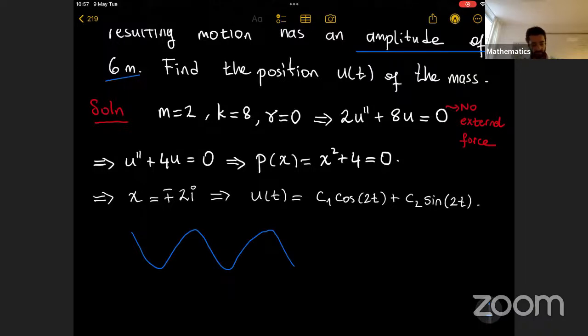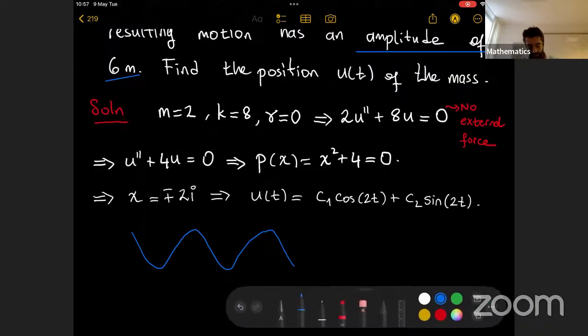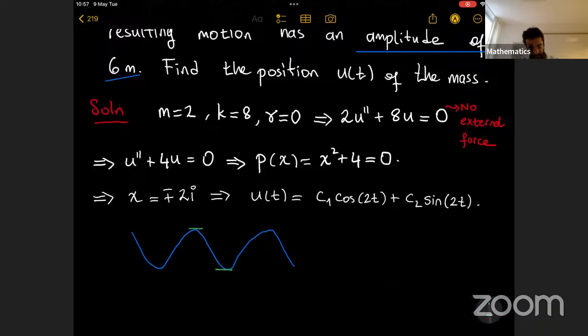So basically, the amplitude is the distance between the top and the bottom points, okay? Half of the distance, okay? So this is 2a, okay? 2 times amplitude.